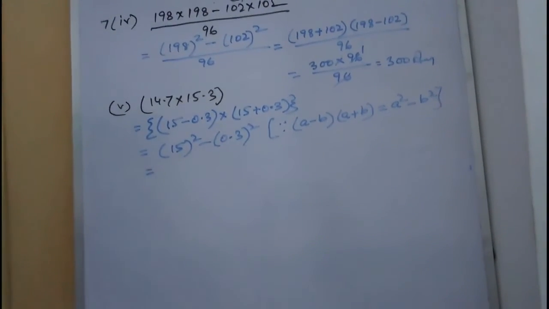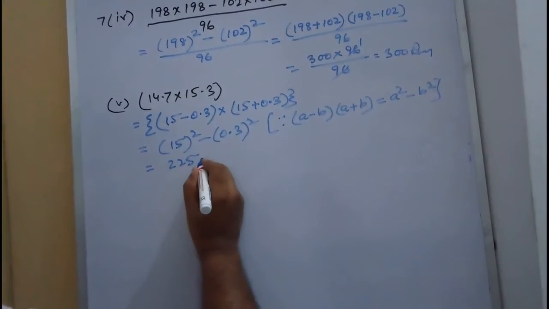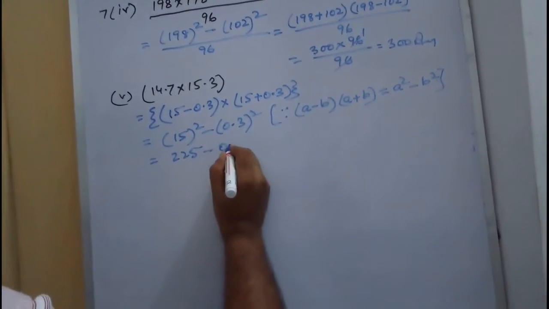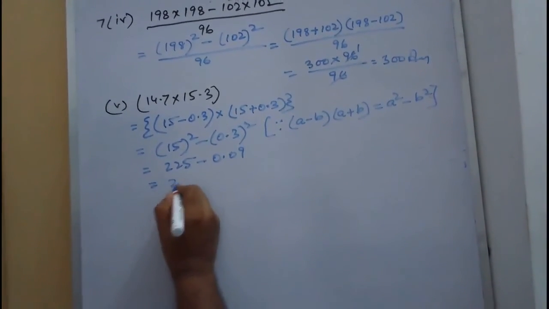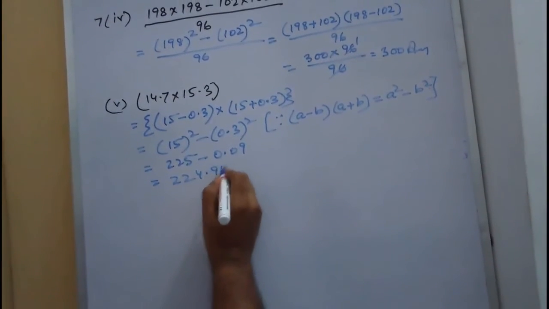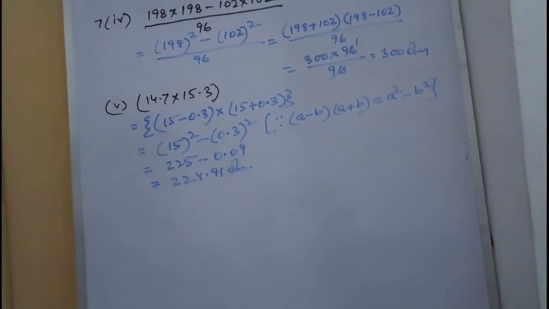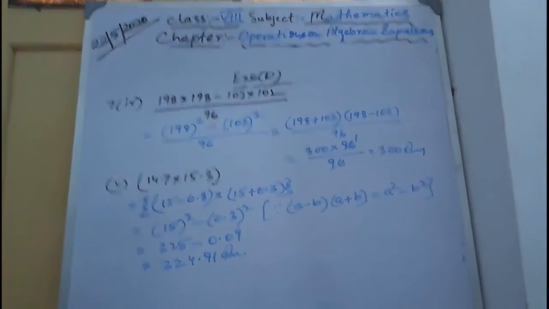So 15 square, which is equal to 225, minus 0.09. Now subtract it, 224.91. So this one is the answer.